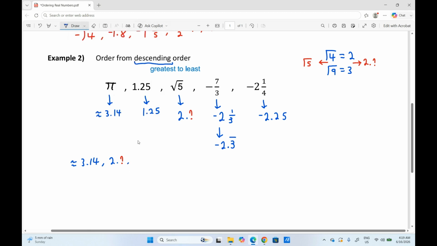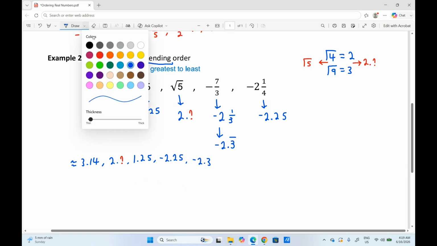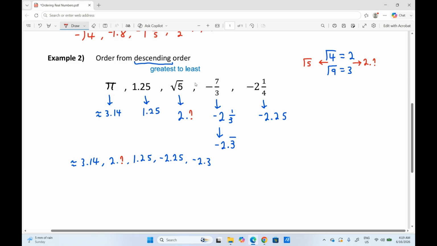The third greatest number would be 1.25. Then I'm going to have negative 2.25, and my smallest number would be negative 2.3 here.